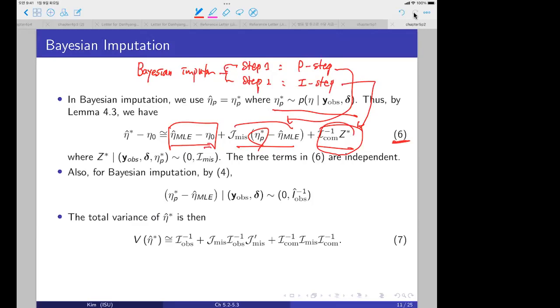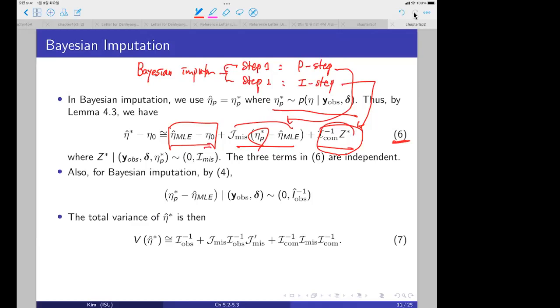So you have a MLE, but from the MLE you generate the posterior parameter and add randomness with respect to the parameter. Then given the parameter, you generate the missing data, the imputation.